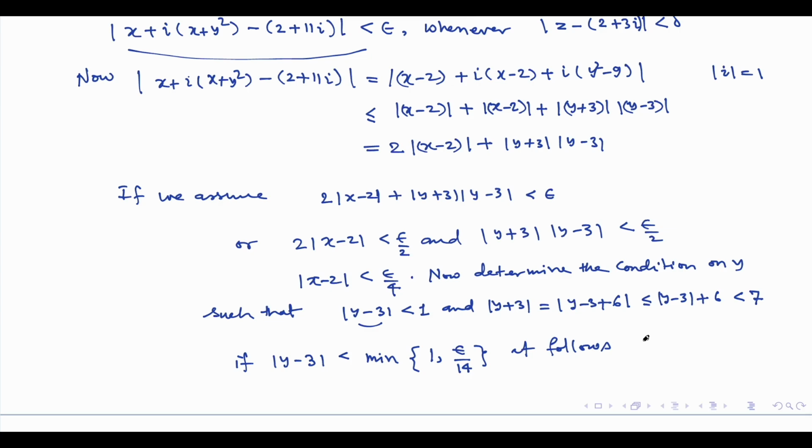It follows that your y minus 3 and y plus 3 mod is less than epsilon by 2 then. That means epsilon by 14 into 7, which is giving you epsilon by 2, which we have already assumed before, right?